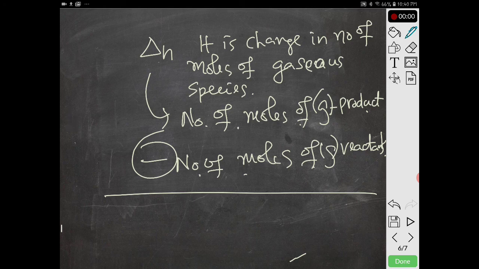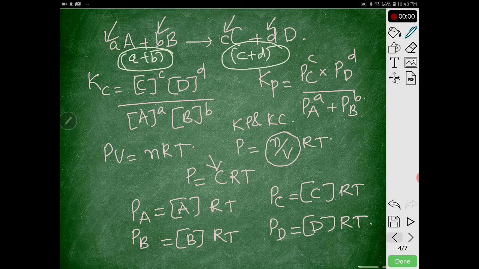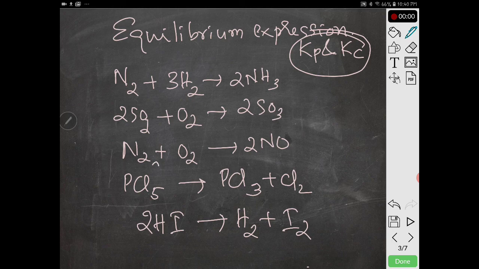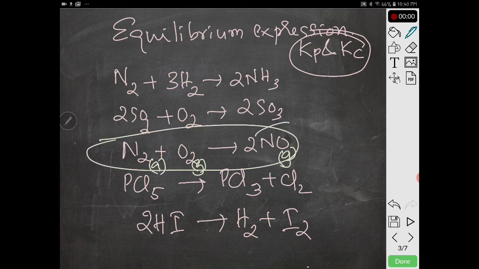So it has got some implication. What you need to do is, suppose you take a reaction, we have written a few reactions before. So you take this reaction, this is in gaseous state, this is in gaseous state, this is in gaseous state. So if you take this, number of moles of the product is 2, here 1 plus 1, minus 2. So for this, delta n is equal to 0.